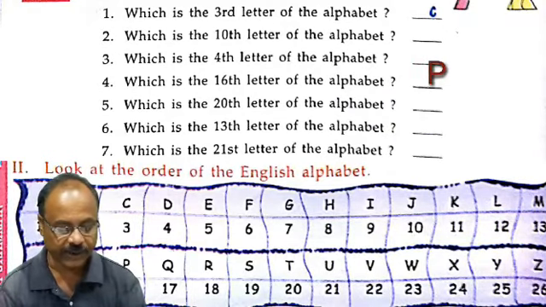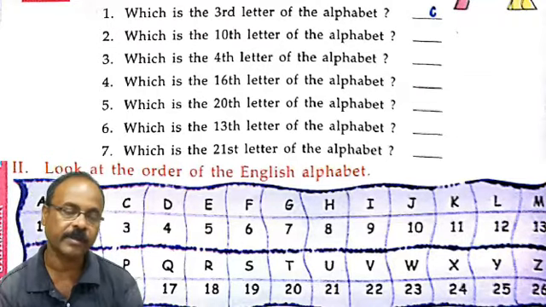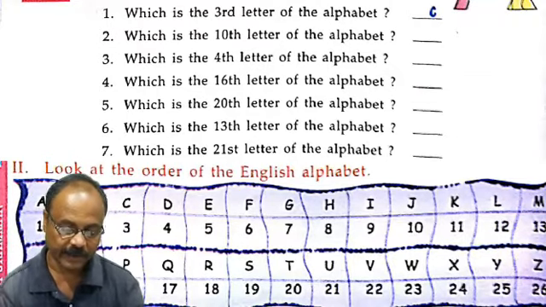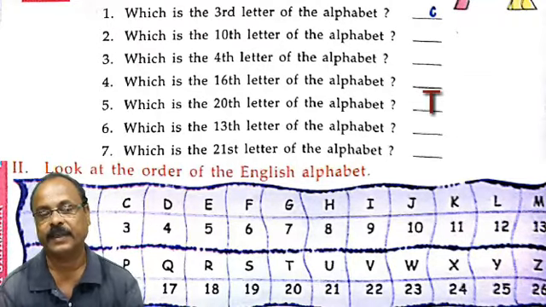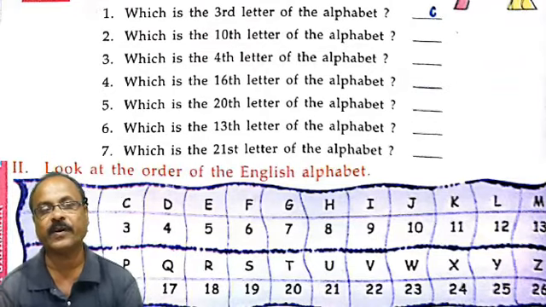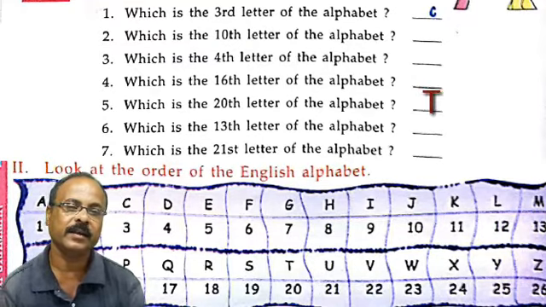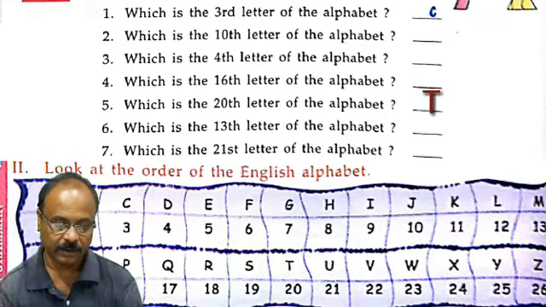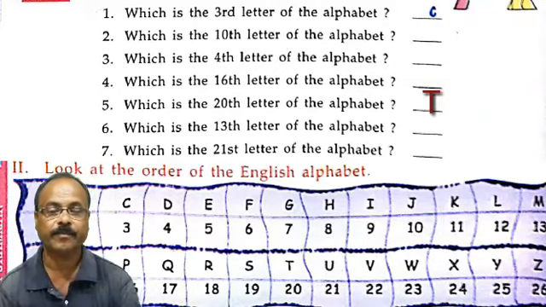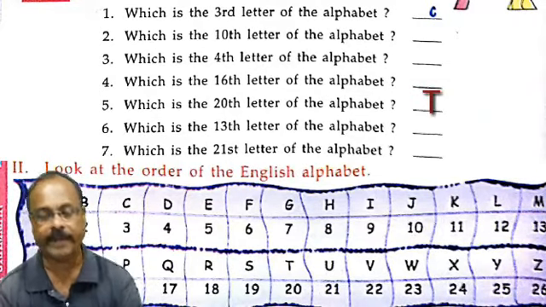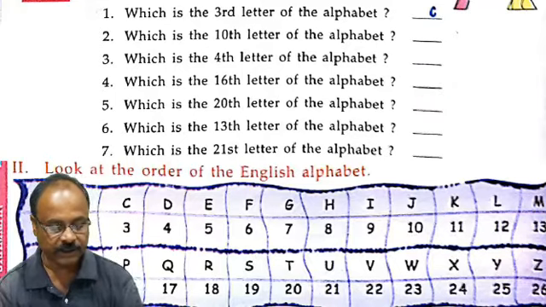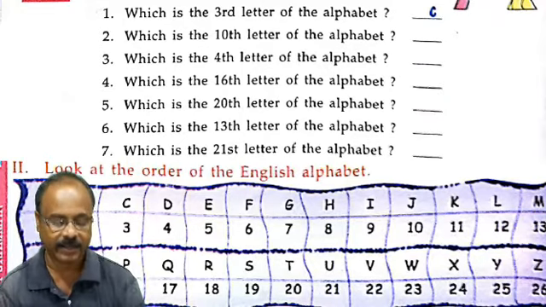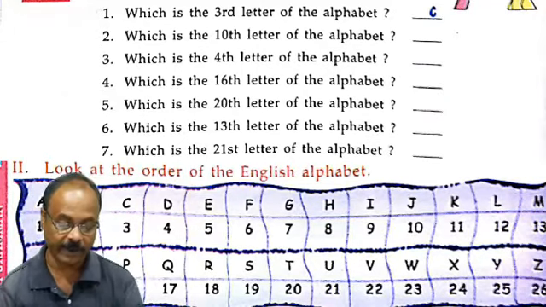Which is the 20th letter of the alphabet? T. T stands for 20. T is the 20th letter of the English alphabet. Then which is the 13th letter of the alphabet?